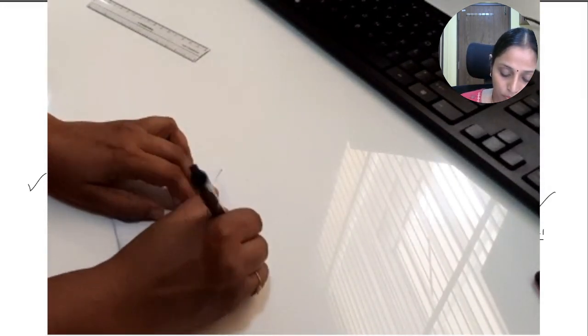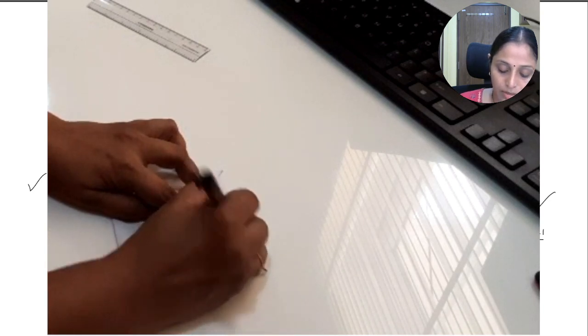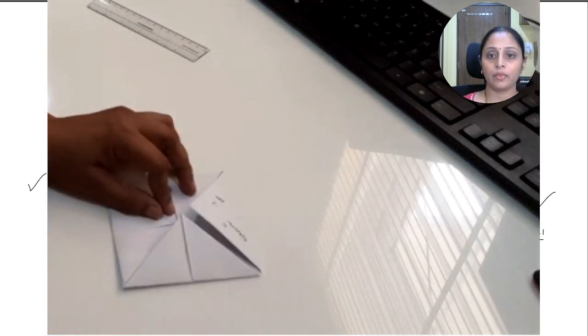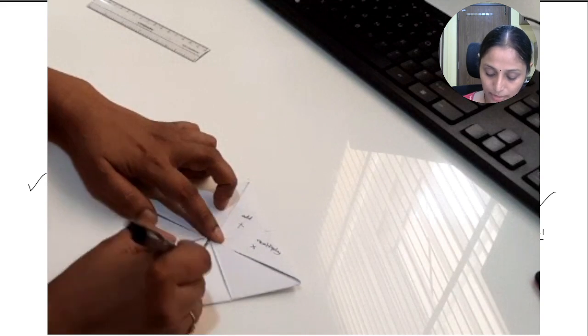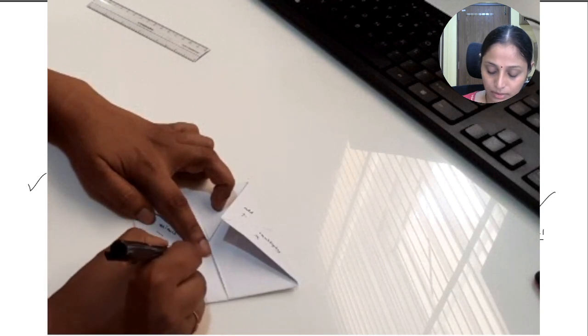So let us write this as add, multiply, right? Let this one be subtract and division, minus and division.